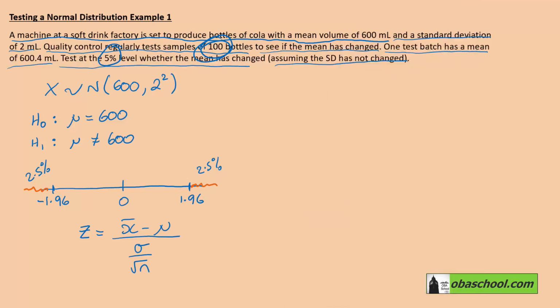So we're going to need to calculate that, and the x bar was the mean from our sample. The mu was the hypothesized mean of 600. We know that the standard deviation is 2 over the square root of 100. So let's calculate that and see what happens.